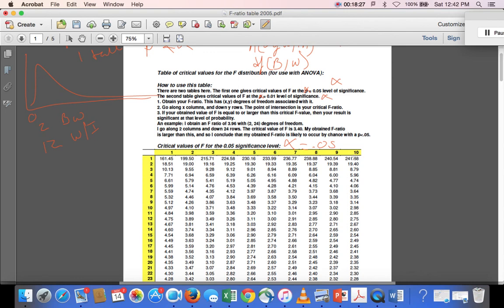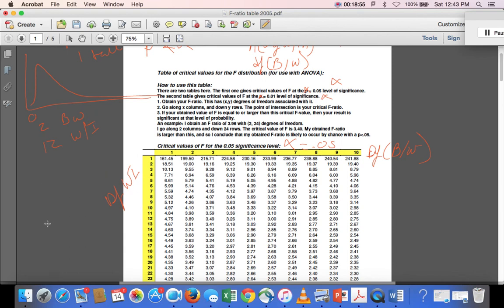The ones in yellow going across are our degrees of freedom between groups, the degrees of freedom numerator. Going vertically, up and down, we have our degrees of freedom denominator, or our degrees of freedom within groups.